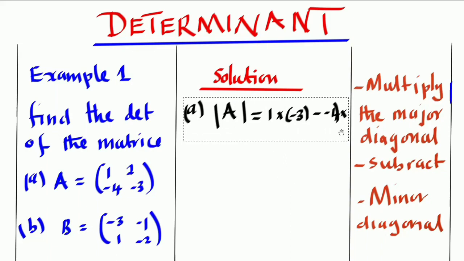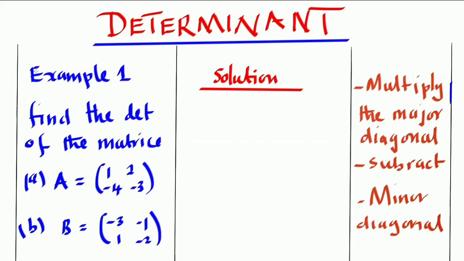Okay, so we know that we're dealing with matrix A. The determinant of A will be equal to 1 times -3 inside the brackets, minus -4 inside the brackets times 2.